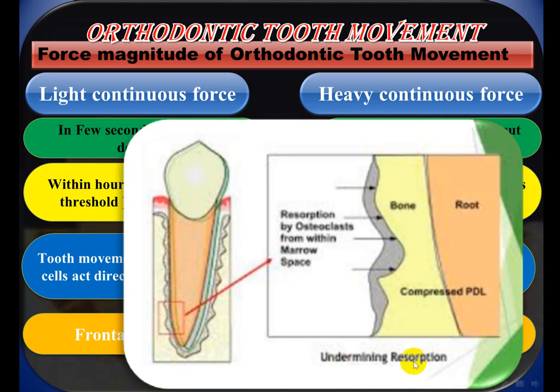The undermining resorption occurs when the osteoclast cells have been differentiated and stimulated from the marrow space of the bone adjacent to this area, and start causing bone resorption from the underside of the lamina dura, removing this thickness of bone until they reach the hyalinized area in the compressed side. Then the tooth will jump suddenly from this position to this position. So this is the undermining resorption.